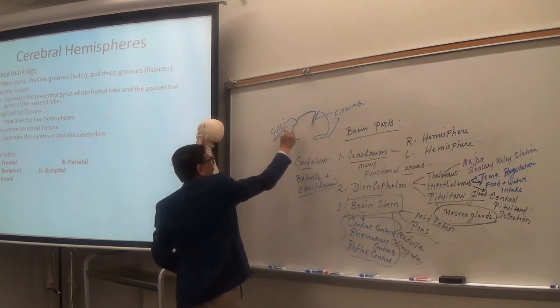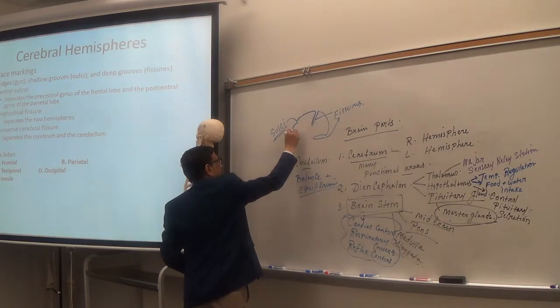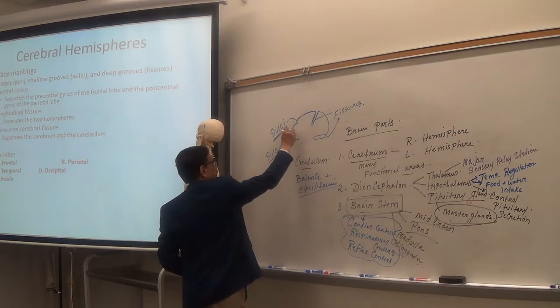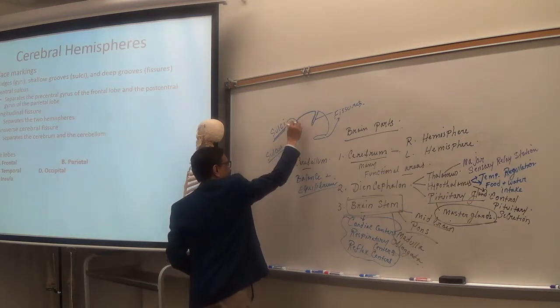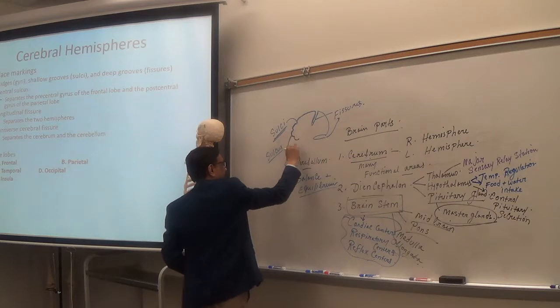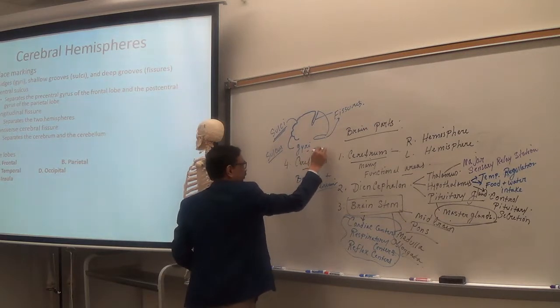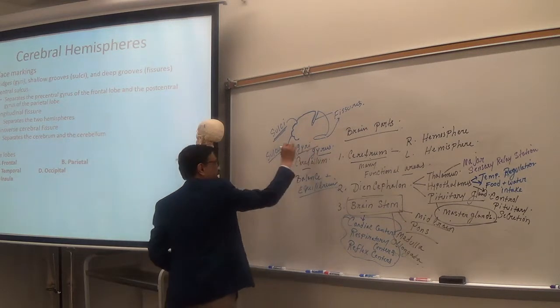And in between two sulci, like this is one sulcus, this is another sulcus. Sulci is plural. Sulcus is singular. So this is one sulcus, this is another sulcus. In between these two sulci, you see the raised part, ridges. These are called gyri. So gyrus is singular and gyri is plural.